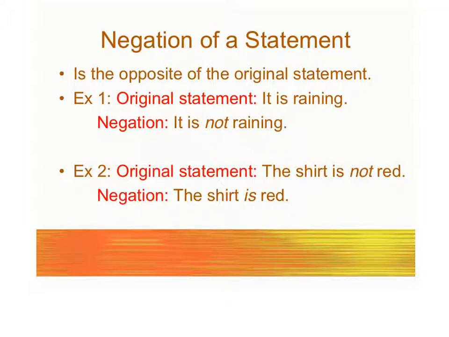If it's a positive statement, make it negative by adding in the word not. So for example, my original statement here is, it is raining. And then the negation or the opposite of that would be, it is not raining. Another example, the shirt is not red. And then the negation of that would be, the shirt is red.